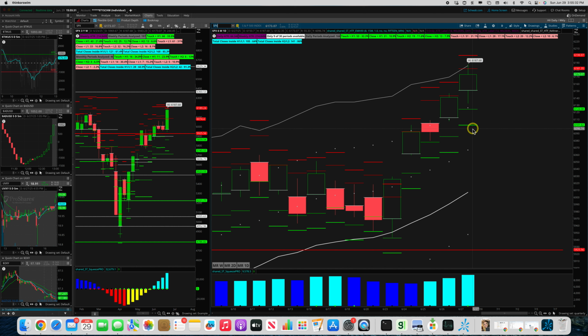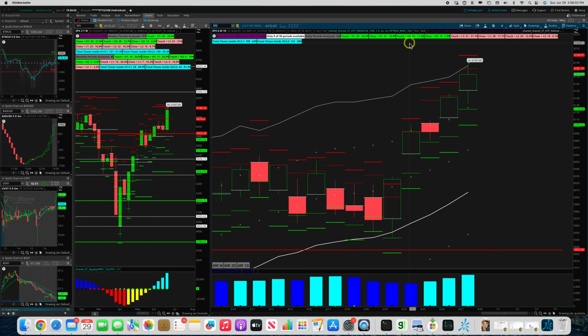Think of this as a possible area that price can travel to, but once it gets to these levels, it's pretty extended. So it's a good idea to look for a reversal if price touches that H2 or that L2. And then just to show you how rare it is for price to even get to those levels, let alone close outside of those levels, look at these labels that I have up here.